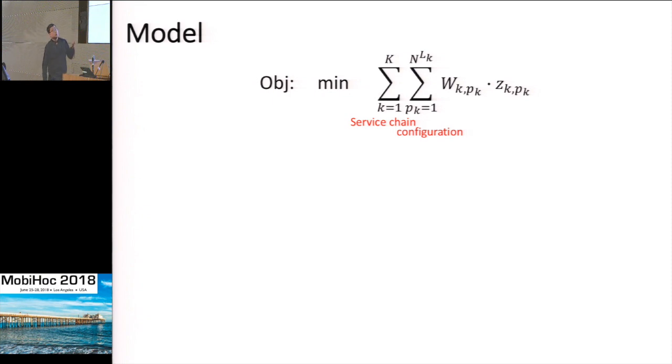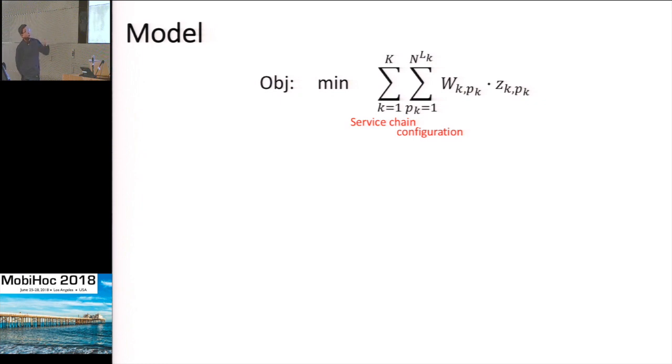So the outer summation is to sum over all service chains. The second summation is over all possible configurations, because for each service chain, I can place it on any number of servers. And c_k,p_k is the indicator function.